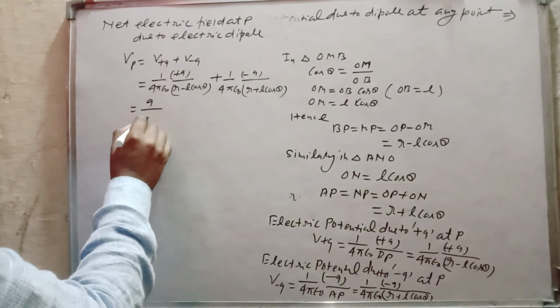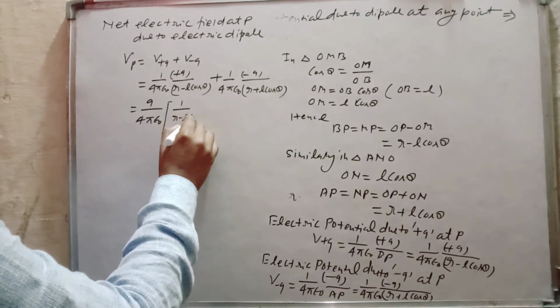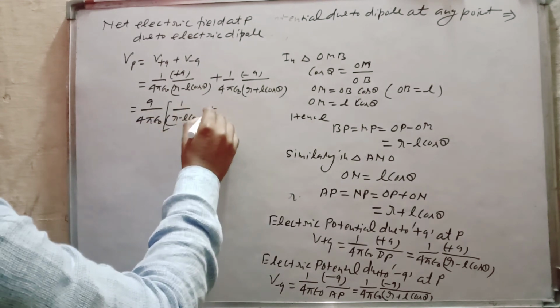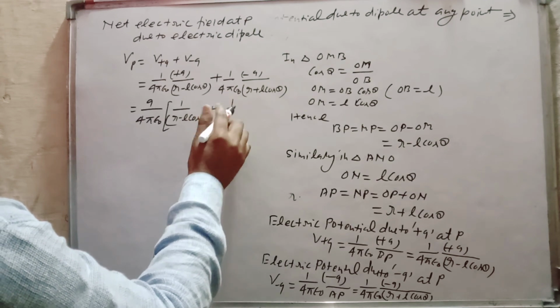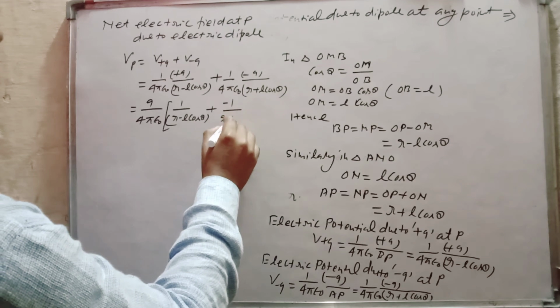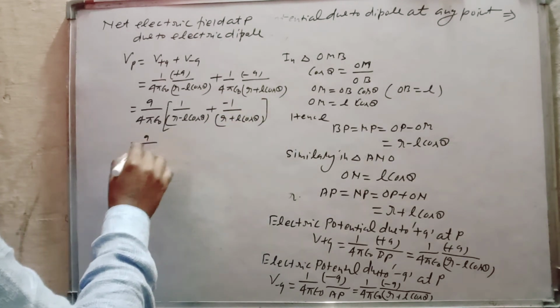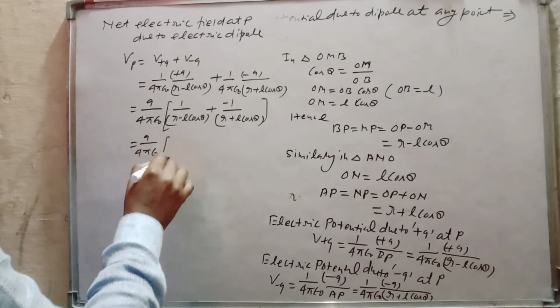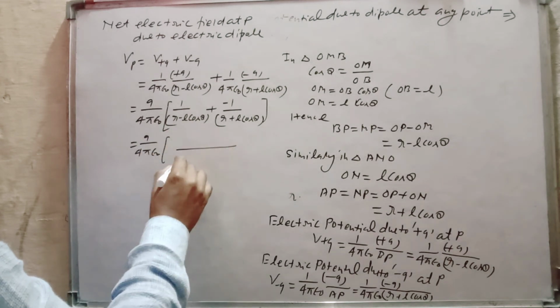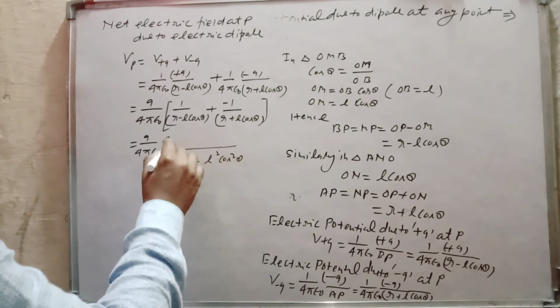Now take common Q divided by 4 pi epsilon naught. Here 1 divided by R minus L cos theta, and minus 1 divided by R plus L cos theta. Now take the LCM, R square minus L square cos square theta.